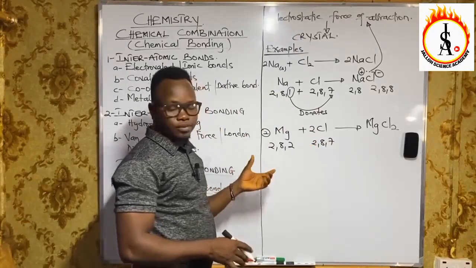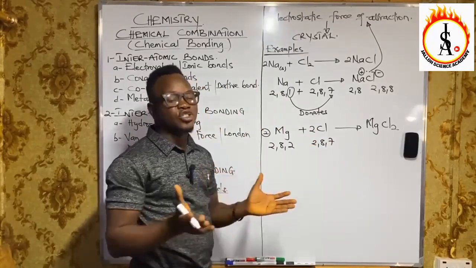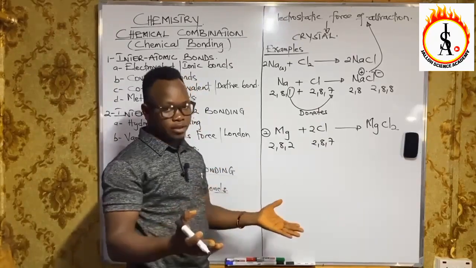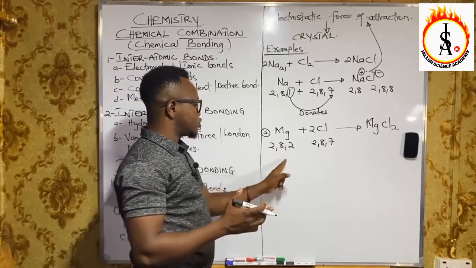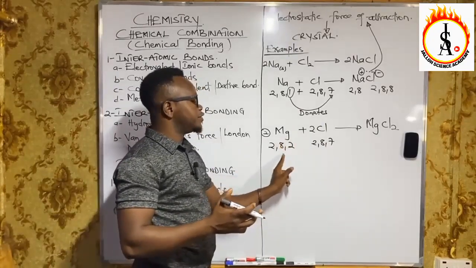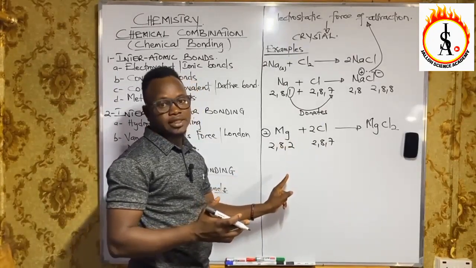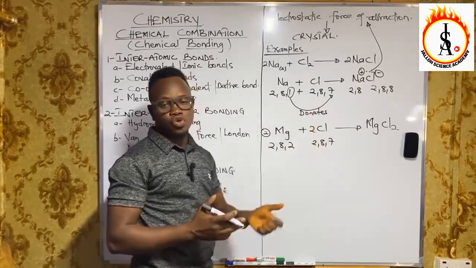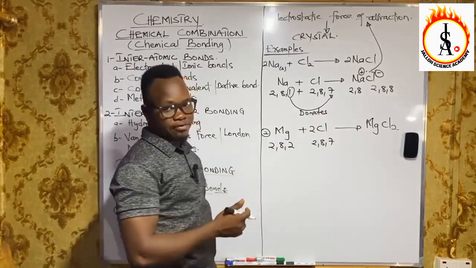Now magnesium wants to attain neutrality. It wants to be electrically neutral, attaining stability by becoming a noble gas. So what it does, it is going to give away these 2 electrons outside. It's going to donate these 2 electrons to the 2 chlorine atoms that are available.